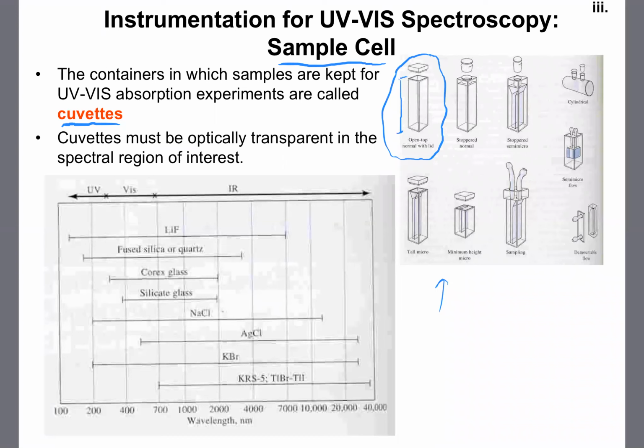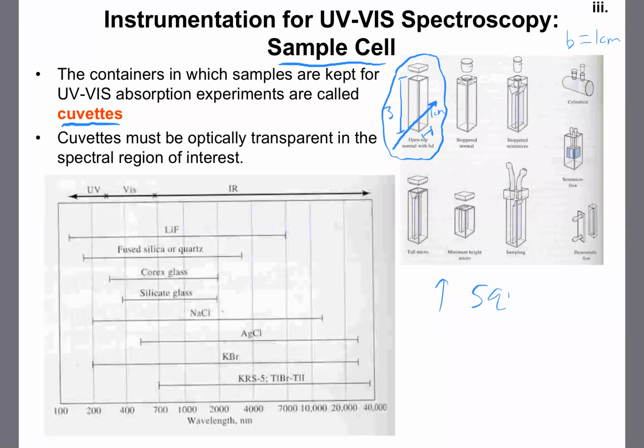They're typically about 3 centimeters high, and the depth is almost always 1 centimeter. And earlier, remember I said that the path length is typically 1 centimeter in molecular absorption spectroscopy. This is actually why it's typical to use a 1 centimeter cuvette, and the light basically traverses that direction through the cuvette.